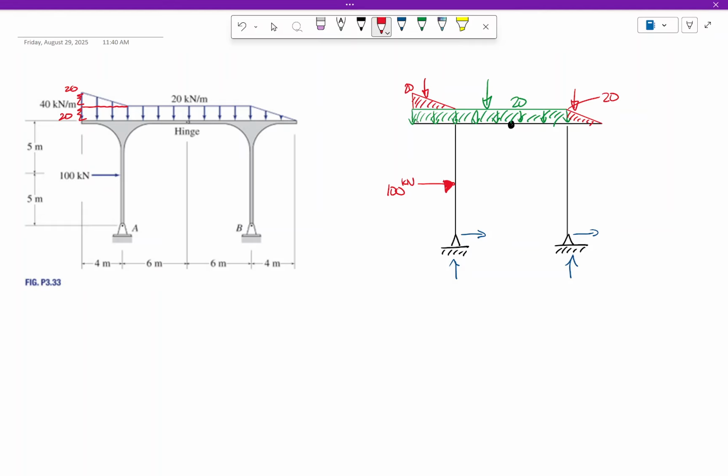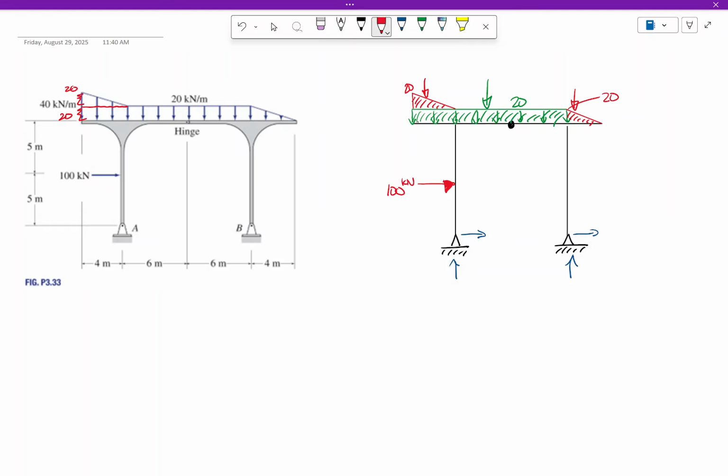Like when we're calculating the distance from A of the blue one, or that green one, what about the extra 4 meters on the left side? Do we calculate that in? Well, is the load there? Yeah, here's the thing. This is 20 kilonewtons per meter. This is 4 meters? That's 80 kilonewtons, right? It's gotta go somewhere.